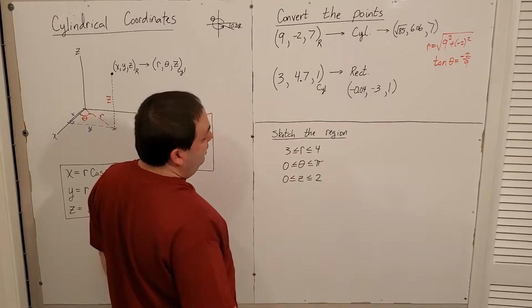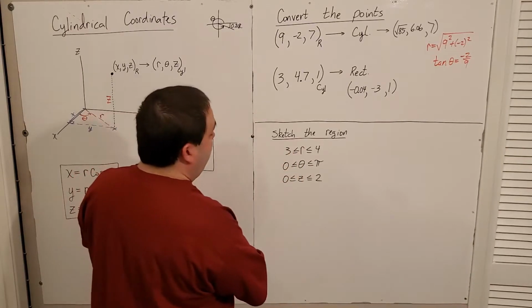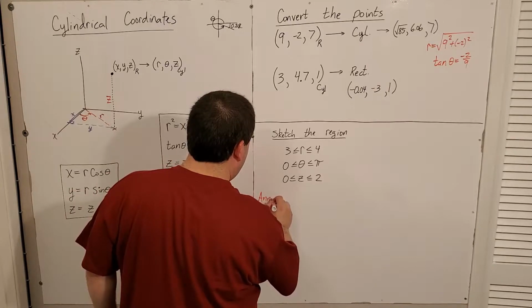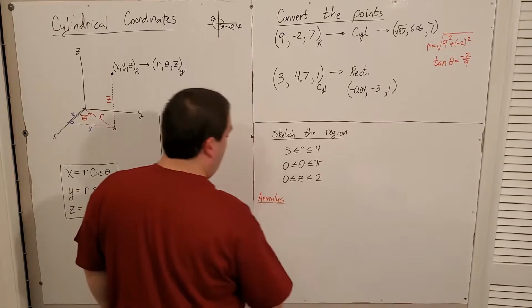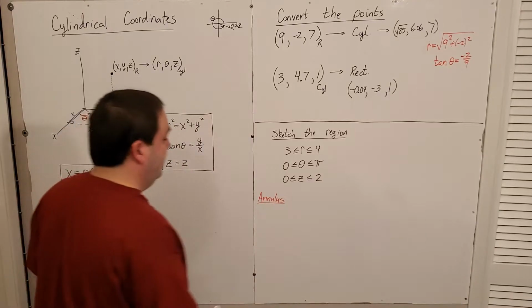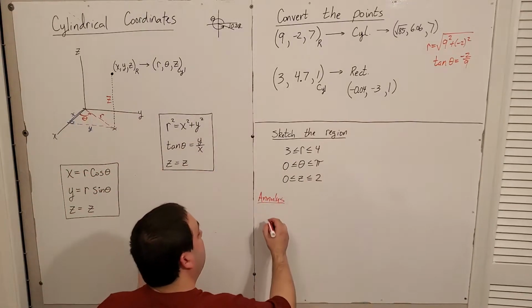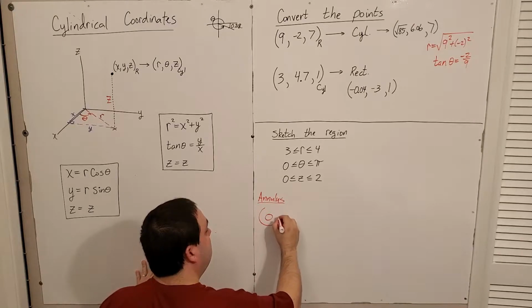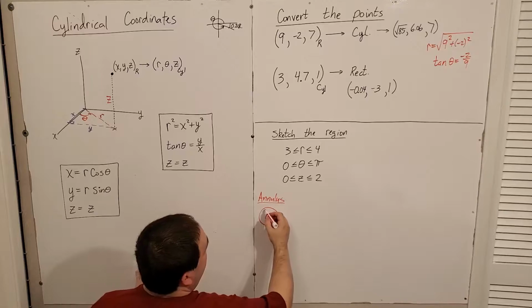Typically the beginning one not 0, then we have what is called an annulus. Okay? An annulus is an object that is two concentric circles, and you're interested in the region in between them.